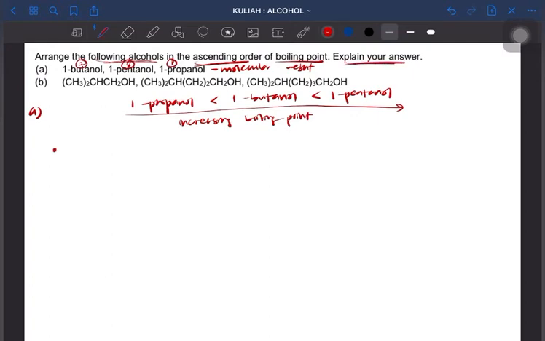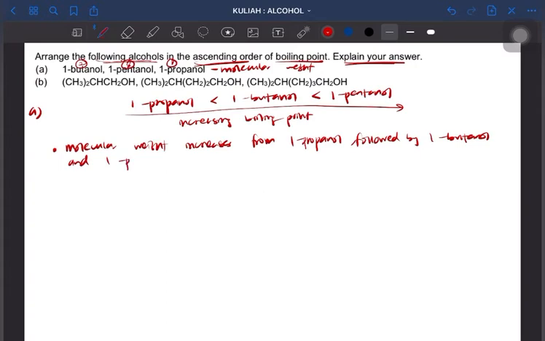So first point kita boleh kata molecular weight increases from 1 propanol followed by 1 butanol and 1 pentanol. Okay, so what happen bila molecular weight increases? Okay, the surface area increases lah.